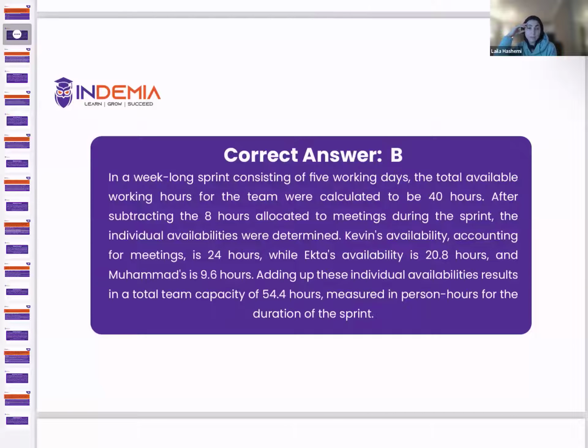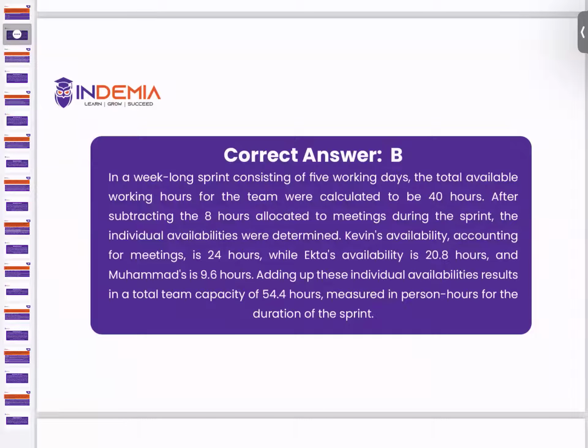I still don't understand this. I understand the first part and the second sentences, but where are they getting the 20 hours and 24 hours? Yes, Shankar, go ahead. Actually, from the 40 hours, they subtracted the 8, so it becomes 32 hours. So 32 is like 100% now. From that 32 hours, they have given the percentage of availability.